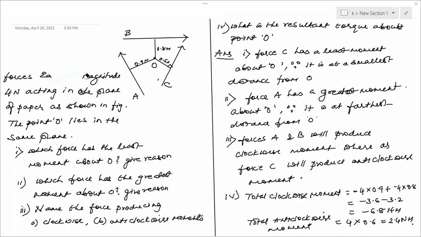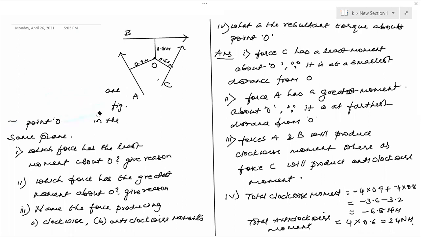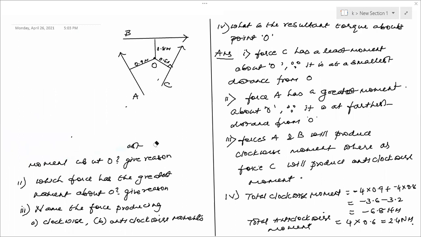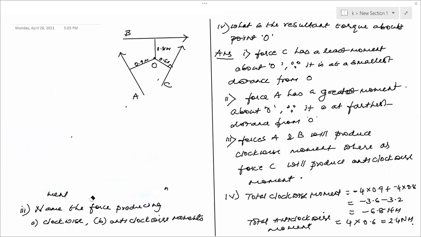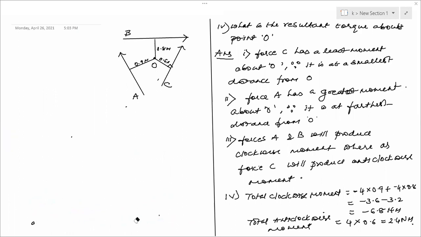See, the fourth part is, I want the total resultant moment of force. Children, let me rub it off; it will take a little time, but it should be easy for you to understand when you're studying.